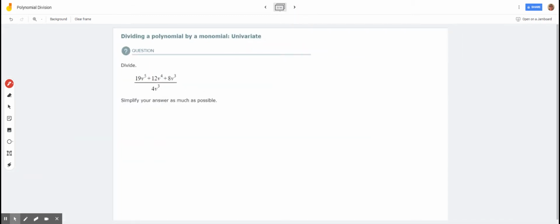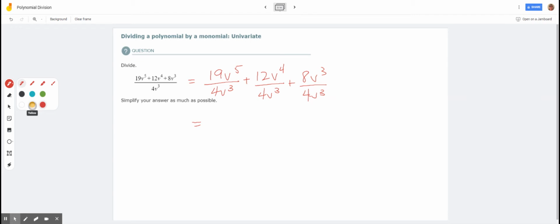Same thing, longer. So we get 19b to the 5th over 4b cubed plus 12b to the 4th over 4b cubed plus 8b cubed over 4b cubed. Now would be a good time to pause it.